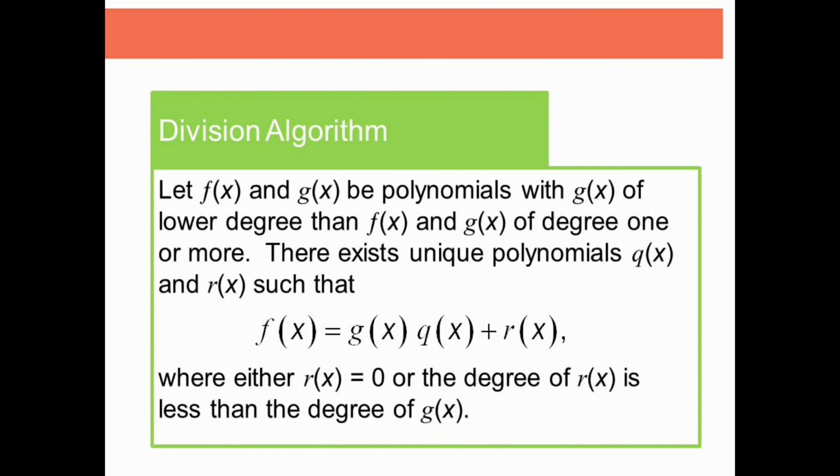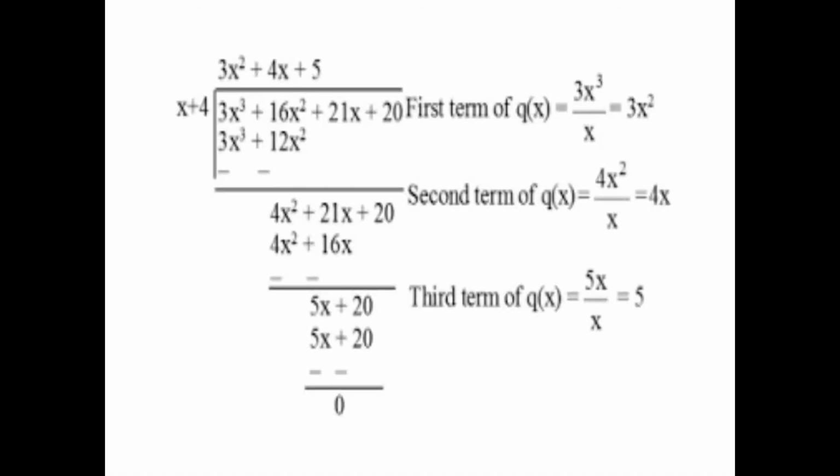One is q(x), that is the quotient, and we also get the remainder r(x). The remainder could either be 0 or the degree of r(x) is less than the degree of g(x). Here we have some examples of how two polynomials can be divided.